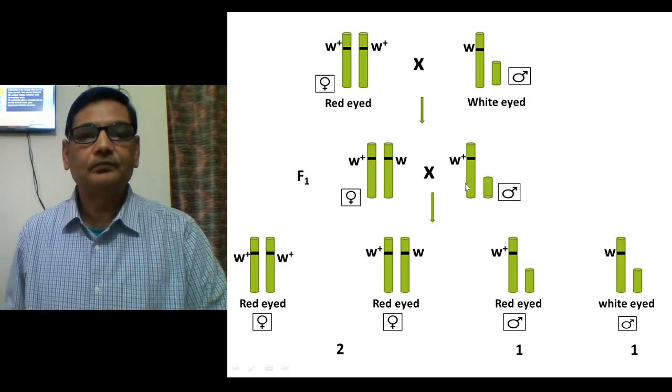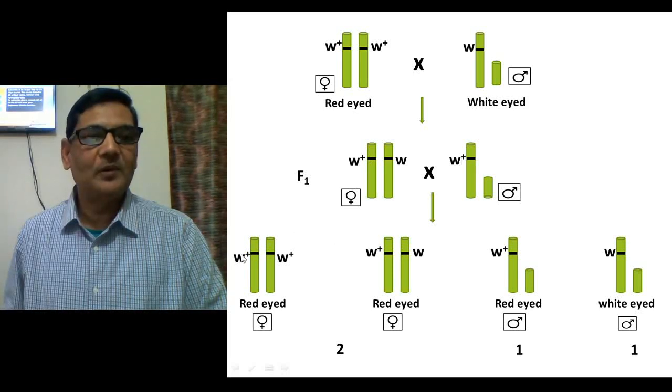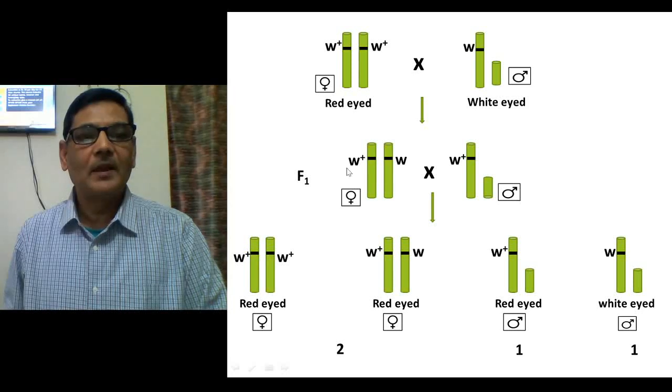And when these F1 flies are crossed with each other, what situation will happen? What will occur in the F2 generation? You can see here, this W plus containing X chromosome will combine with W plus. So this female will be W plus W plus, a red-eyed female.